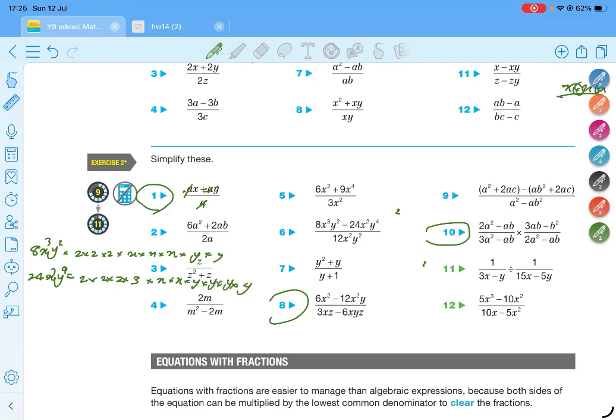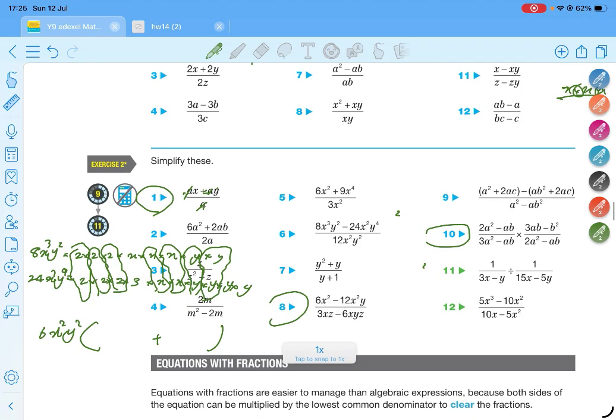Right. Now we need to identify common things. What are the common parts in the numerator? 6 x to the power 2 y to the power 2.